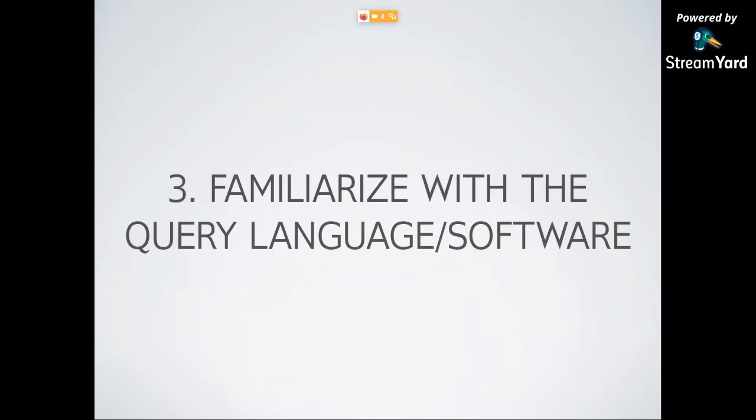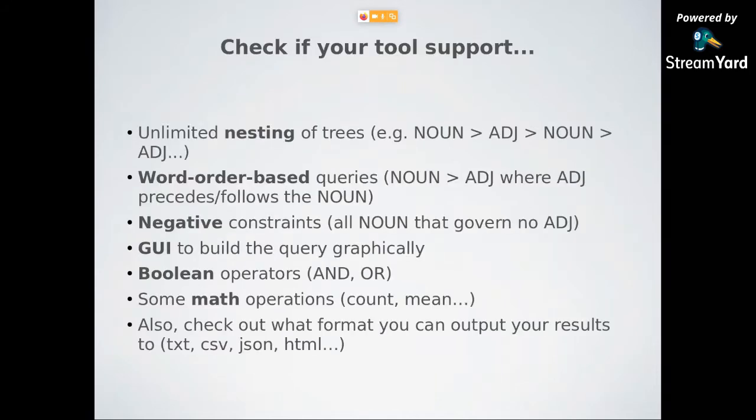Thirdly, and finally, you must do your query. But first, you must familiarize yourself with the tool, with the software, and the language it supports to perform those queries. Now, every tool is peculiar, and as I said, it depends also on the format of your treebank and which of those available tools are ready to support your data.